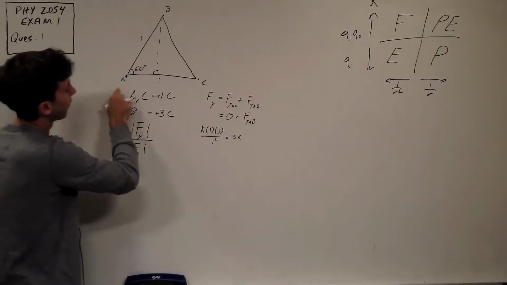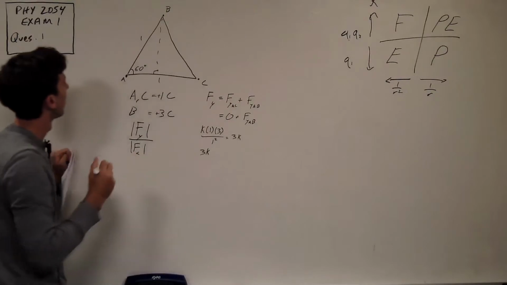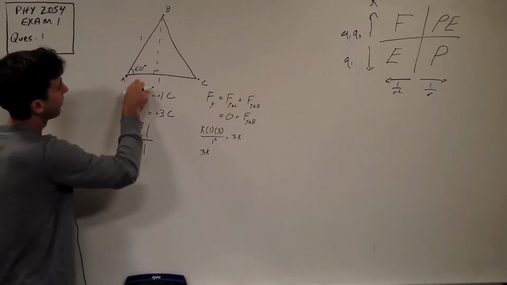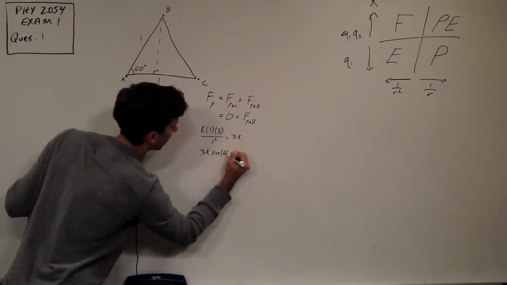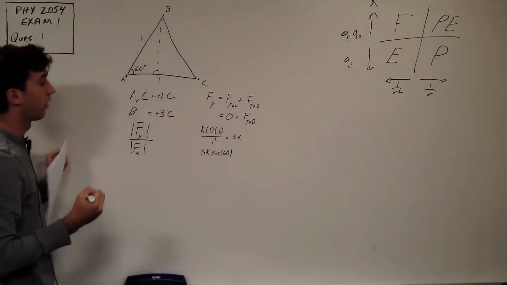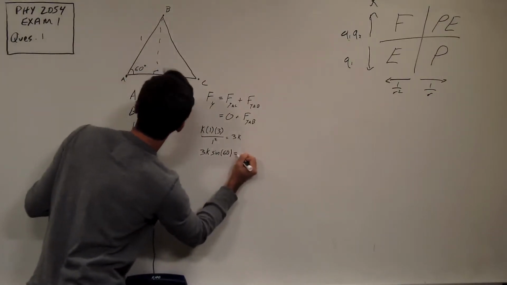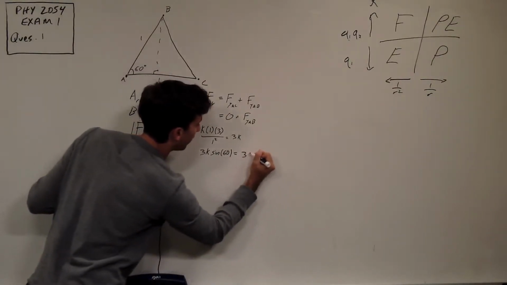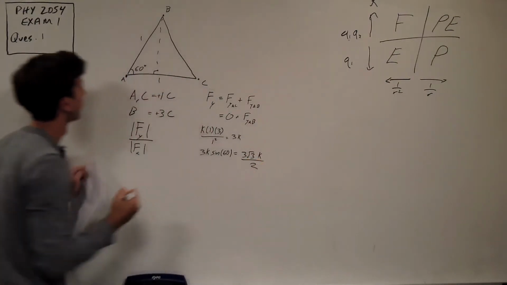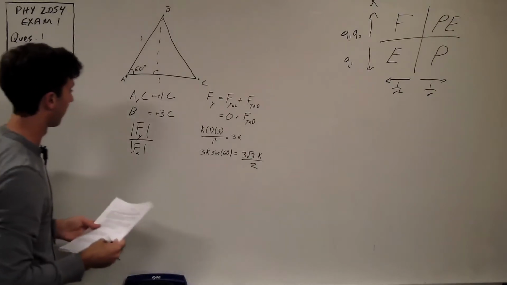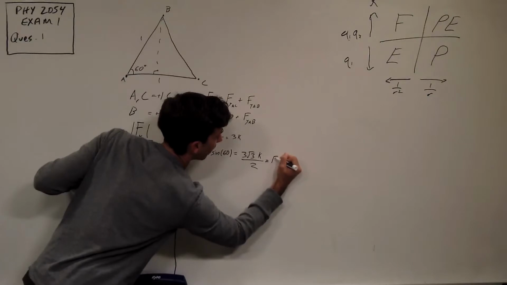So the y component of the force is equal to the total, 3K, times the sine of 60. And this is equal to 3 root 3 K over 2. OK, so far so good. So that's the total magnitude of Fy.